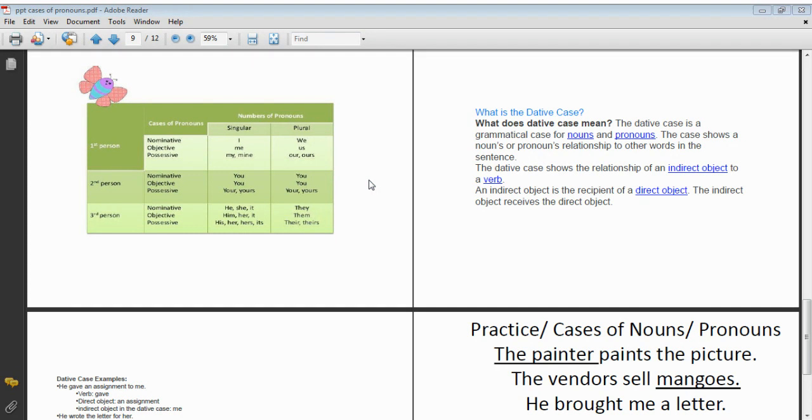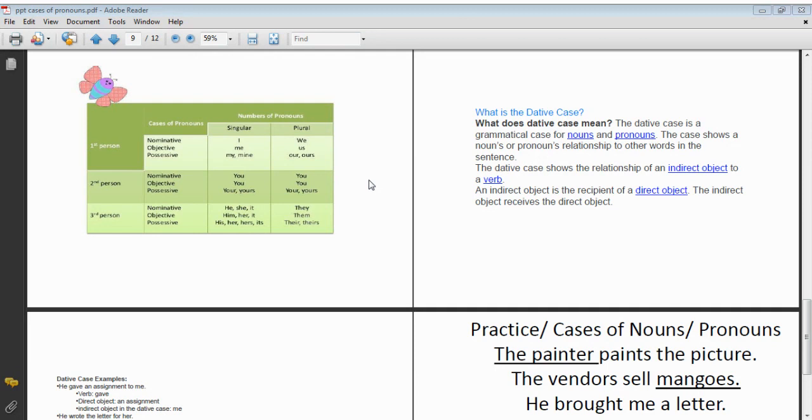So it means that I is a subjective case and the objective case of I will be me, and the possessive case of I will be my and mine. Similarly, the subjective case is we, and the objective case of we is us, and the possessive case of we is our and ours. This is how we have to understand it.